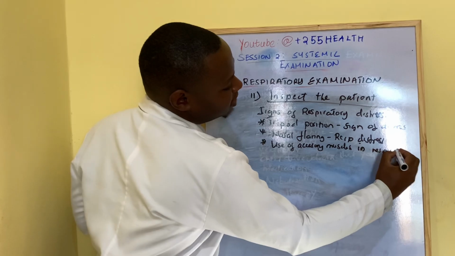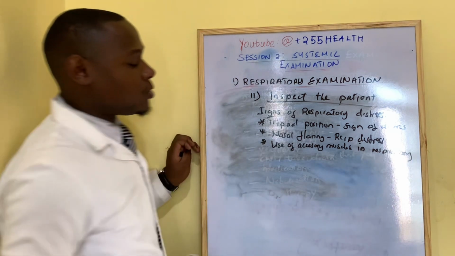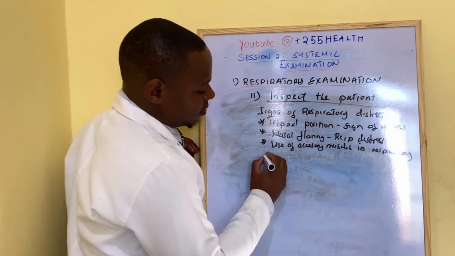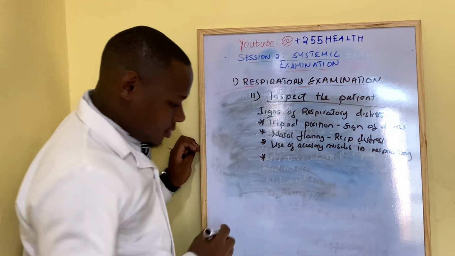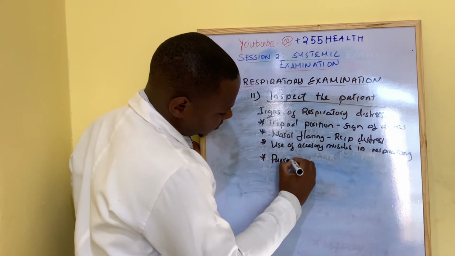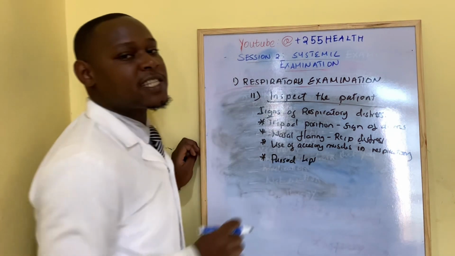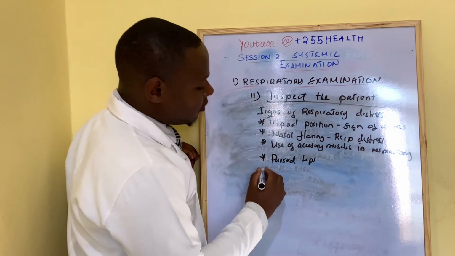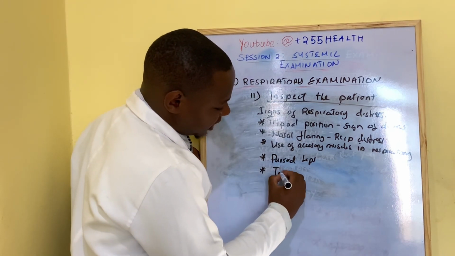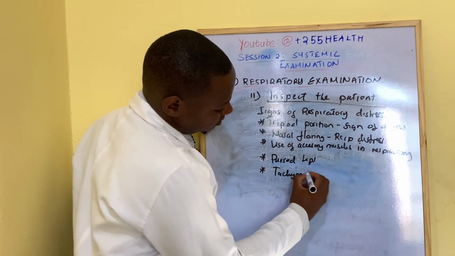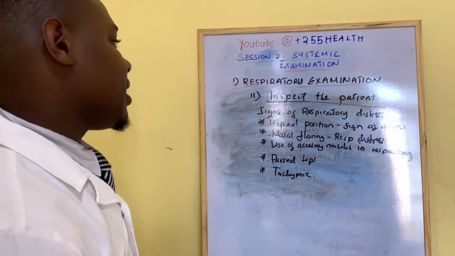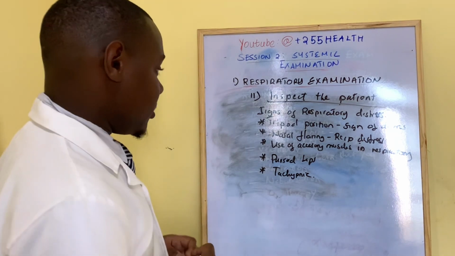So there's that extra effort that the patient has to use in order to breathe air in and out. What else? You can also find the patient having pursed lips. That's also a sign of respiratory distress. And you can find that the patient is tachypneic. So from the breathing pattern of that patient, you can note those very important things.